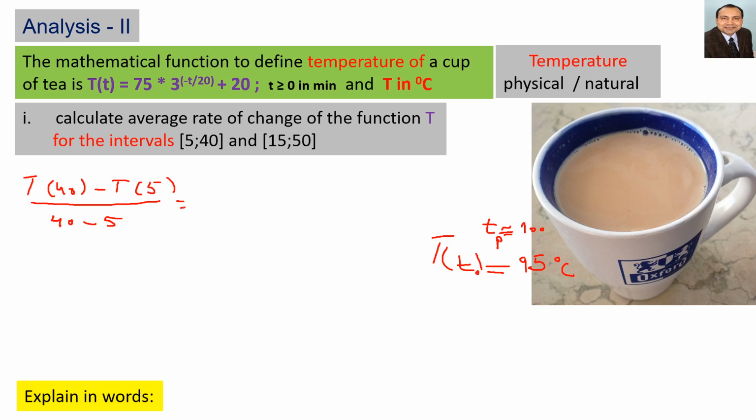So this will give you values 28.33 minus 76.99, divided by 40 minus 5, which is 35.